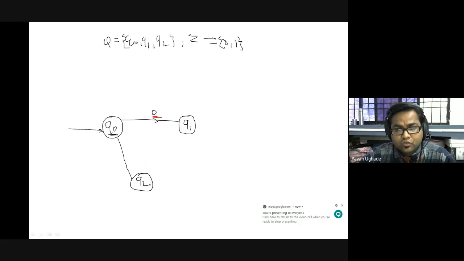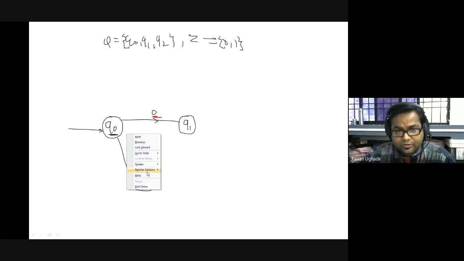Now Q0 over 0. Okay, I'll do one thing. I'll make one automata only. Q0, so it is going to take even number of ones, odd number of.